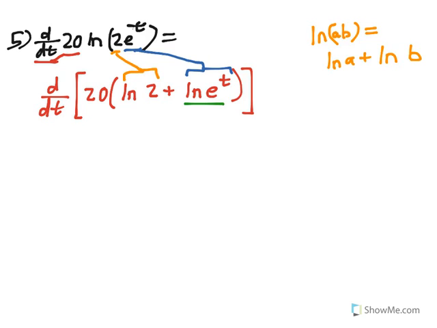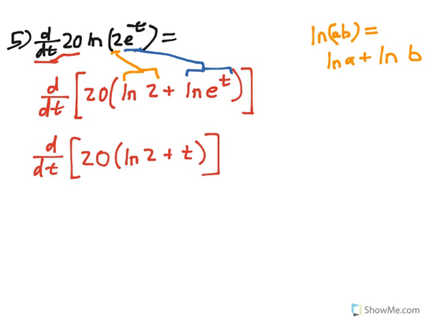Hopefully you saw that. Natural log of e to the t, that's just t. So rewrite this as the derivative with respect to t of the quantity 20 times the natural log of 2 plus t.